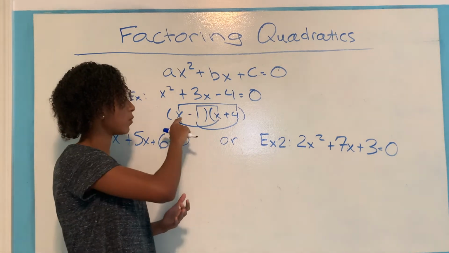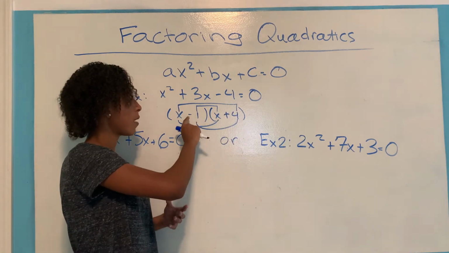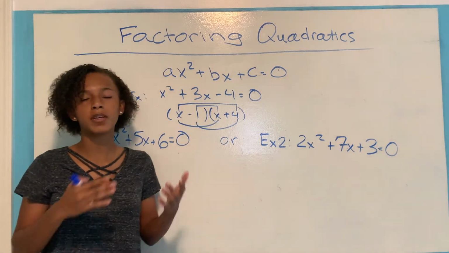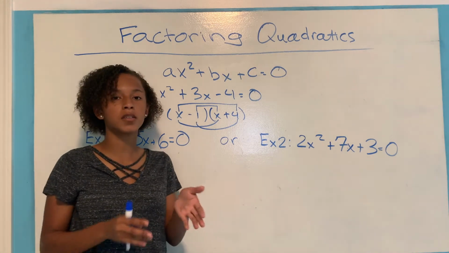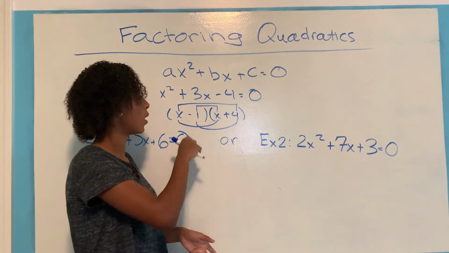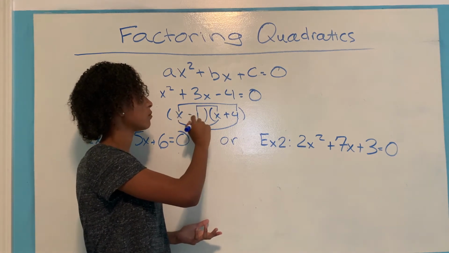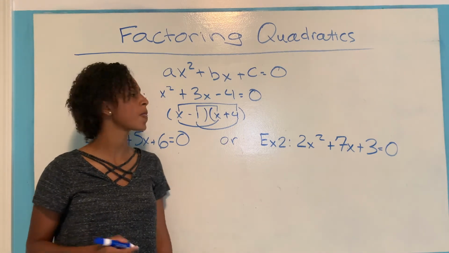In this case, it would be 4x, and then plus negative 1x, which is basically x. Since it's a minus a negative, what we get is actually 4x minus x, which is equal to 3x, and that's how you get that number right there.